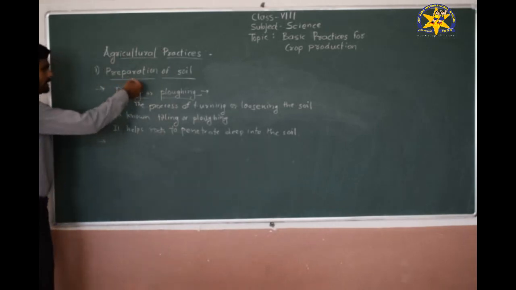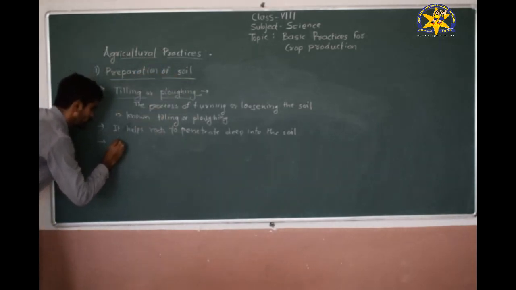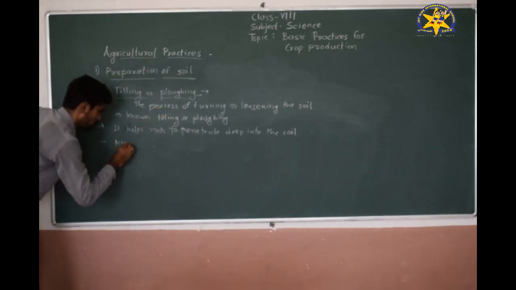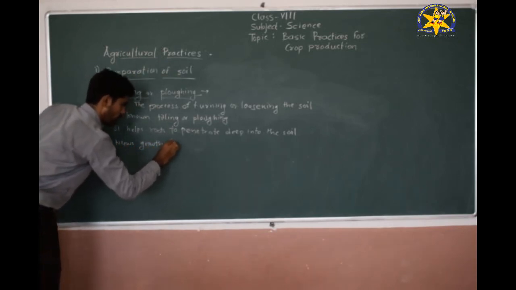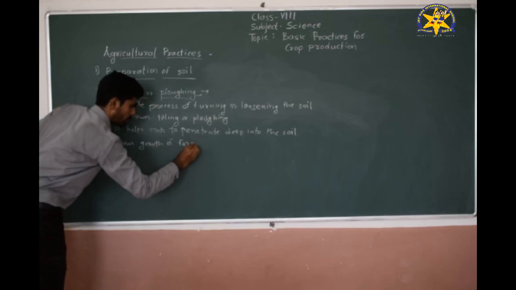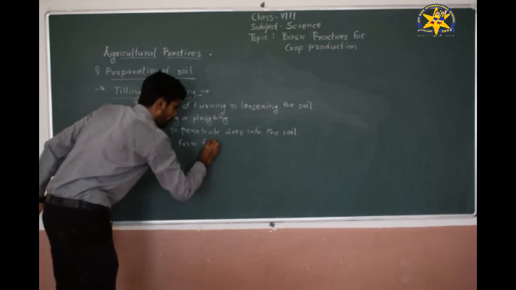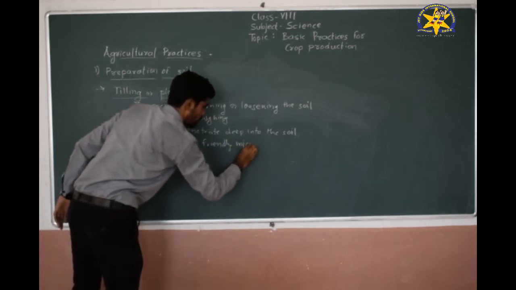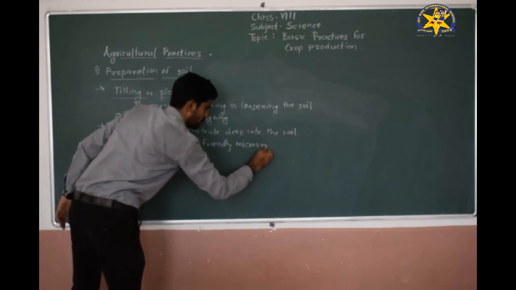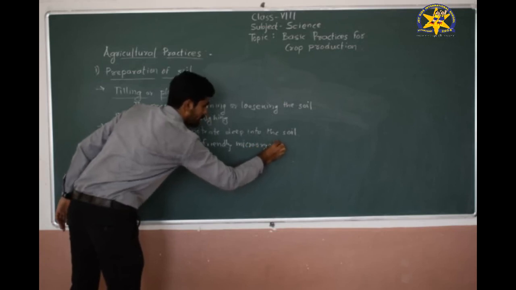So turning and loosening of soil allows growth of farm-friendly microorganisms.